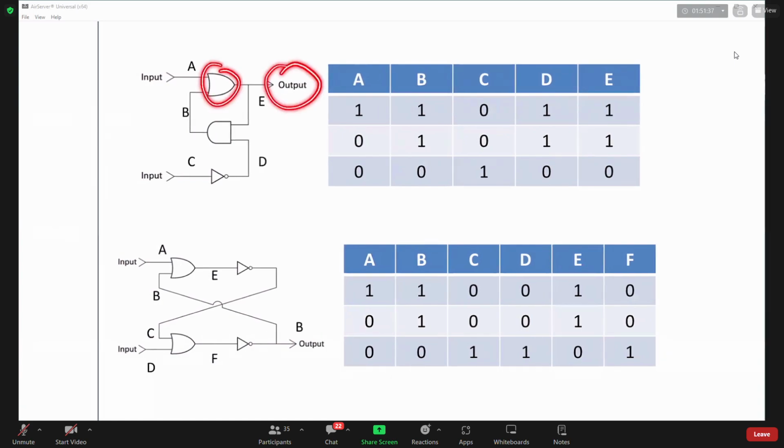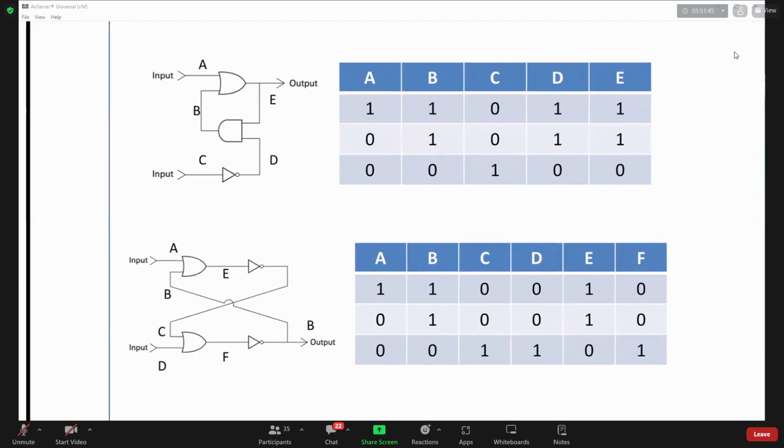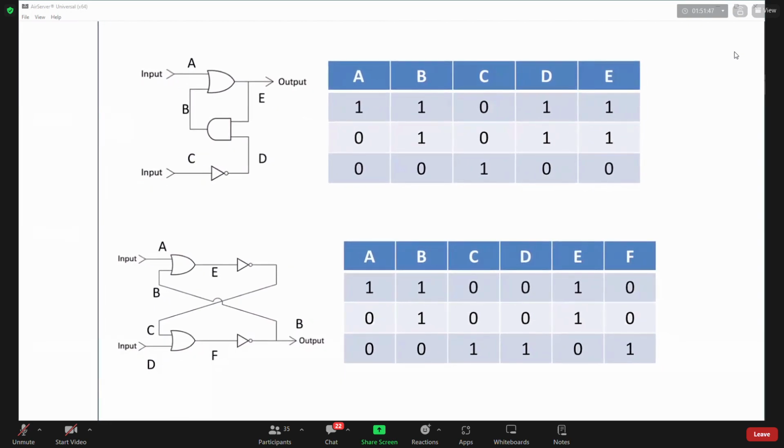So the output is 1 if A is 1. Output is 1. So that's mainly the inputs that we have here. Let's mark that a bit because it's a bit hard to see. That's A. And we have C as input.